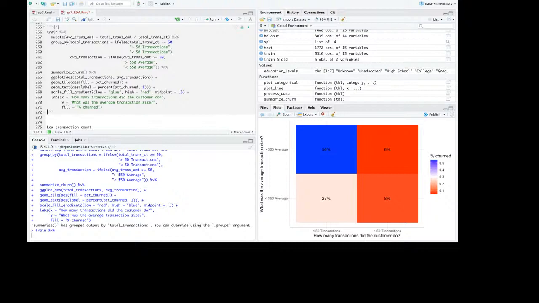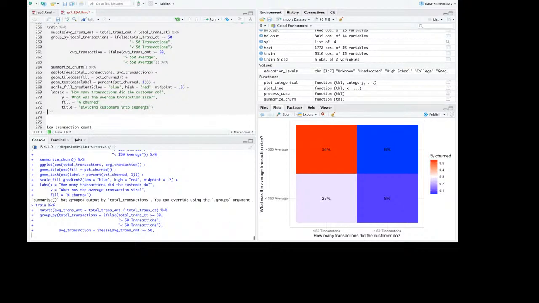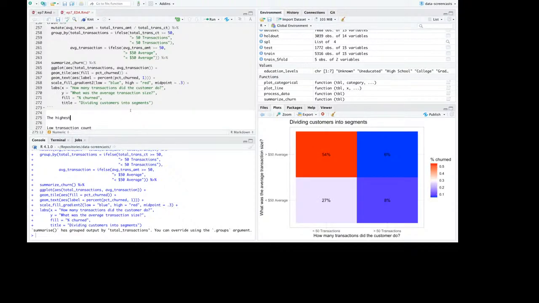Red. I got these backwards. Look at that. Because I want the... cool.